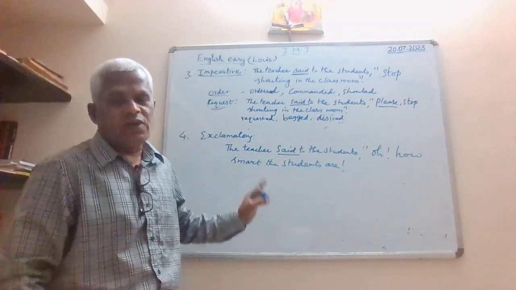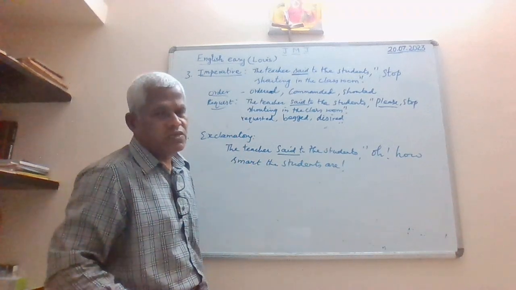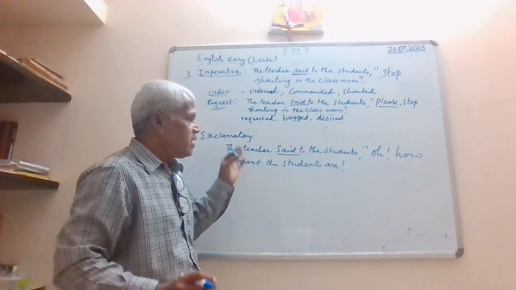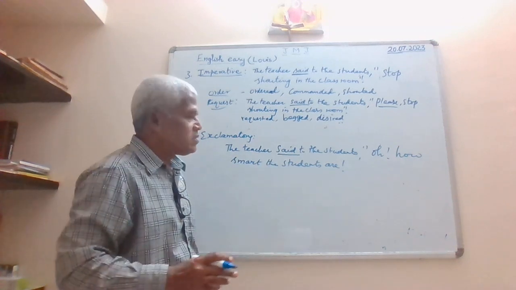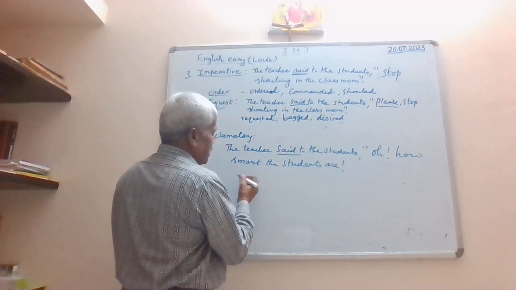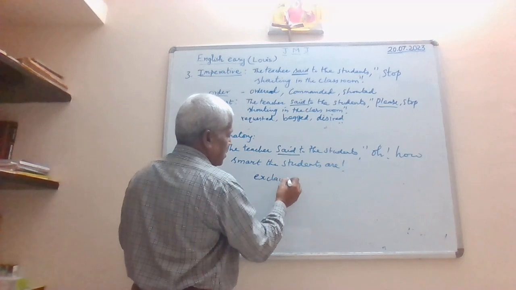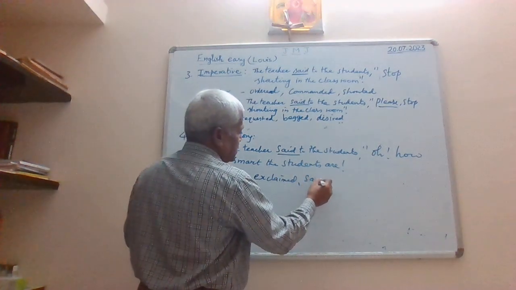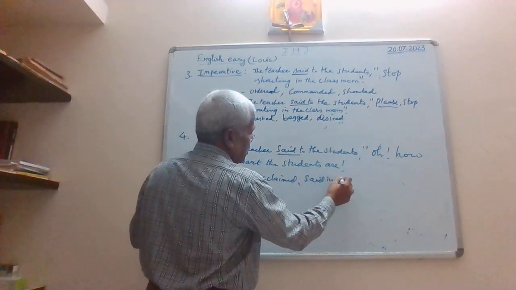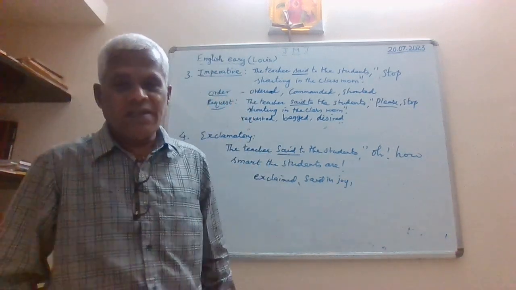So for this verb only I said, you can say the teacher exclaimed to the students, or teacher said in joy to the students. Said in joy, or exclaimed, said in joy, wondered.